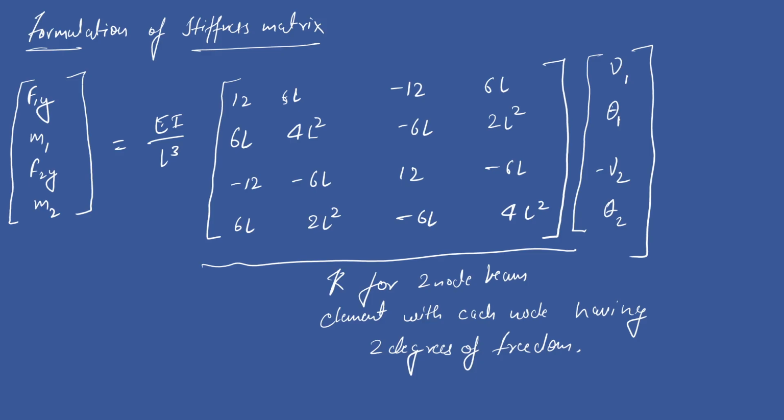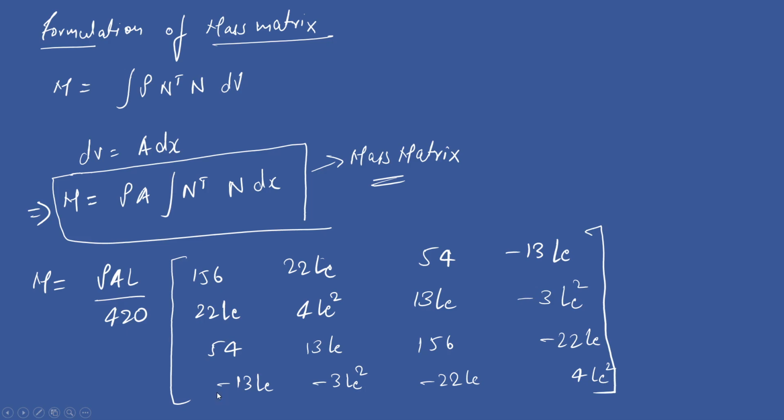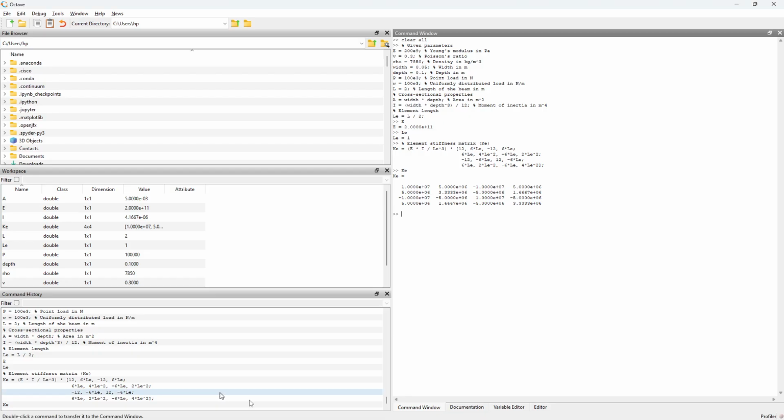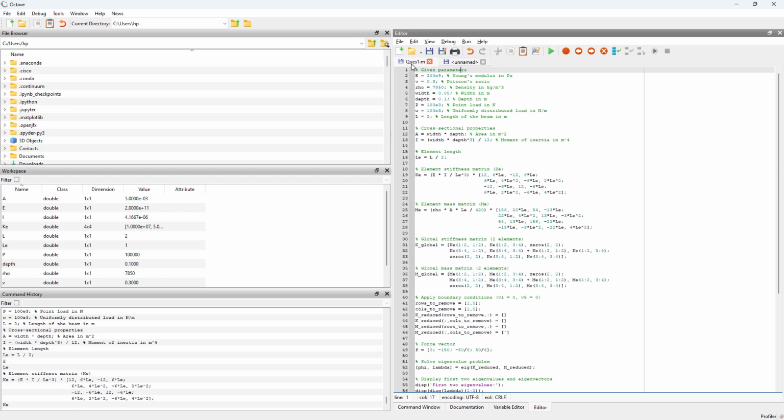Then this is the formation of the stiffness matrix, and let's check for the mass matrix. So this is your particular mass matrix. This is your editor. I've already written the code here. You can copy paste it.